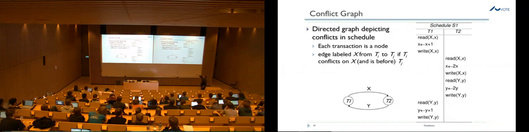So as far as item x is concerned, look at this, T1 writes on x and T2 reads it. And the way this schedule is designed, it is T1 that comes first. So in item x, we want T1 to be the first one, followed by T2. And then we create the edge.